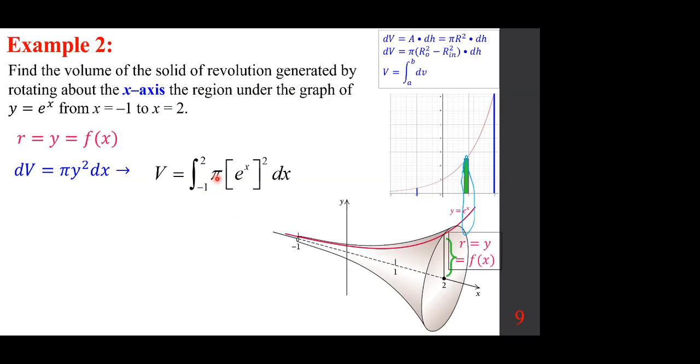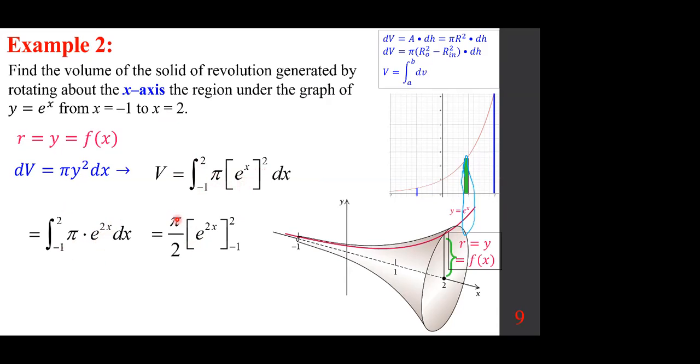Well, again, you put the pi in or out, it doesn't matter. As I said, it doesn't matter. So this one is e to the power of 2x. And that means pi times e to the power of 2x divided by 2 from -1 to 2.